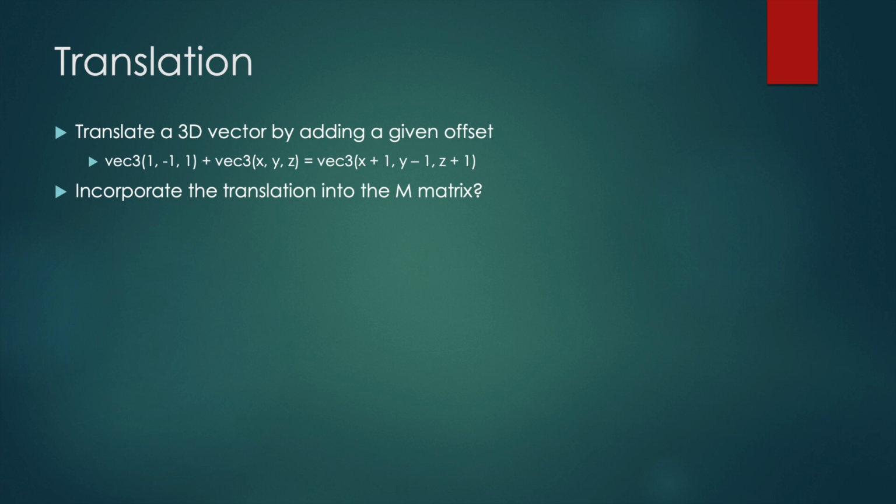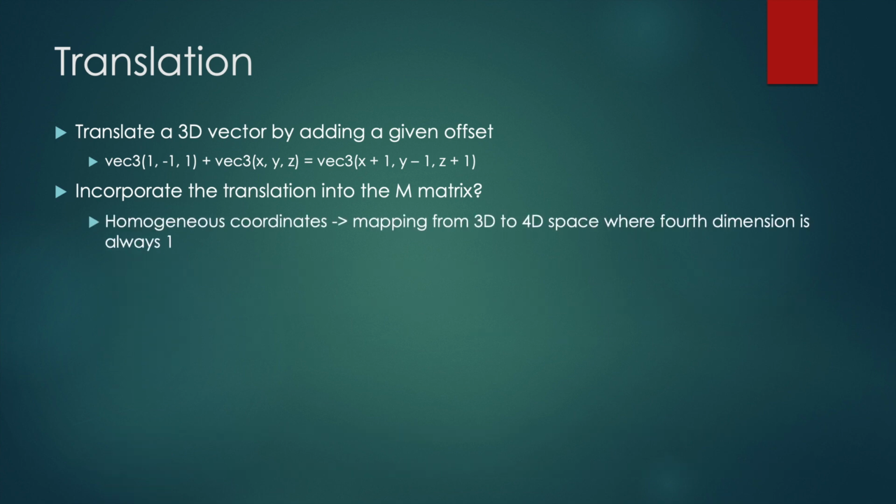To avoid additional operations, we can conjoin this with the entire M matrix by moving to a 4-dimensional 4x4 matrix and converting all points into 4D homogeneous coordinates, where you make your 4th dimension a fixed 1. This way, the 3 offsets stored in the offset vector can be stored in the 4th column of a 4x4 translation matrix, and the matrix multiplication will produce the same translation when we convert back to 3D space.